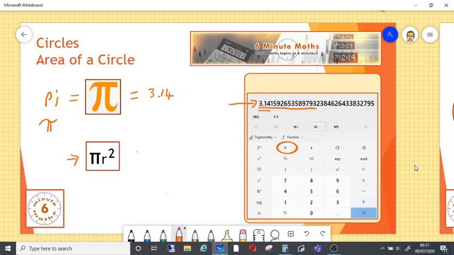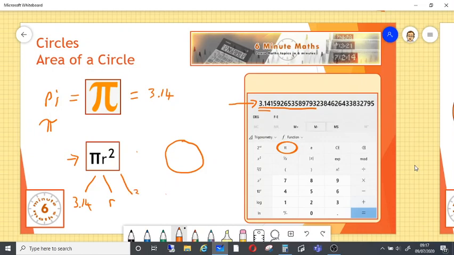And the area of a circle uses this formula. So remember, we've got a circle. And the area of a circle is pi r squared. So pi stands for 3.14. R stands for radius. And the 2 stands for twice.